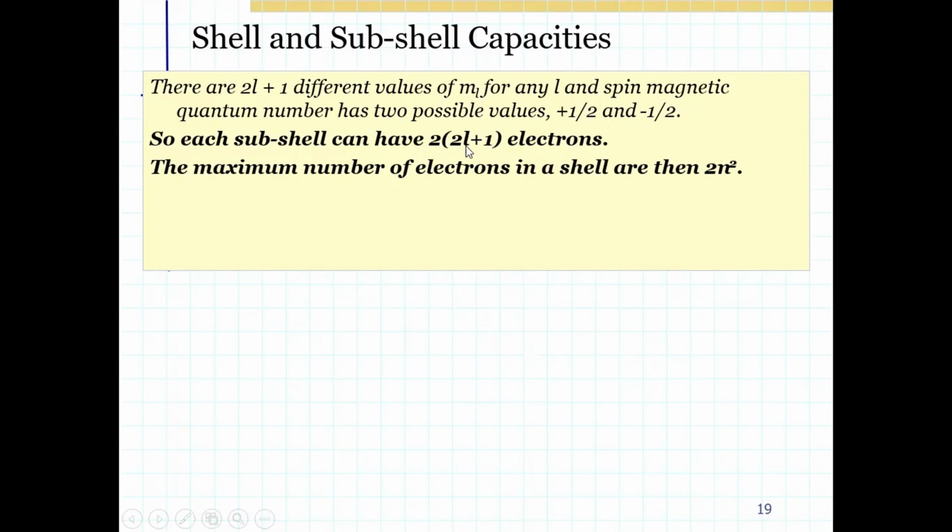So this is the total number of electrons that will occupy the subshell. For example, l equal to 0 will have 2. l equal to 1 is going to have 3 multiplied by 2, which is 6. For l equal to 2, it will be 2 multiplied by 2, 4, plus 1, 5 multiplied by 2 is 10. So the maximum number of electrons in a shell is then 2n squared.